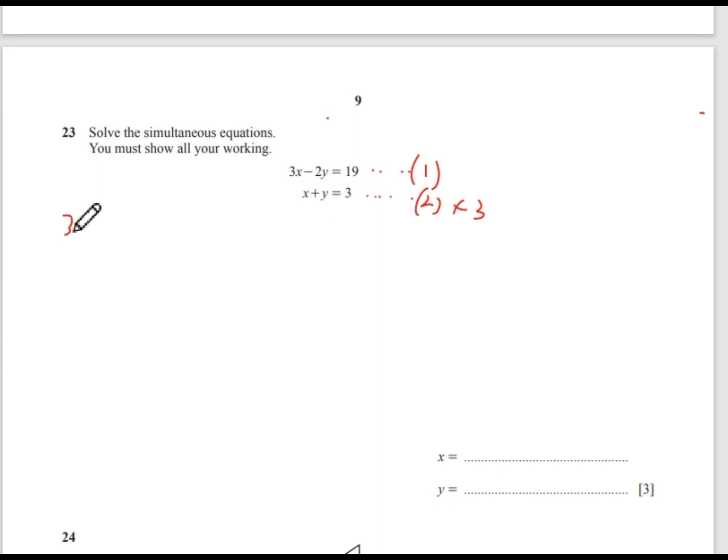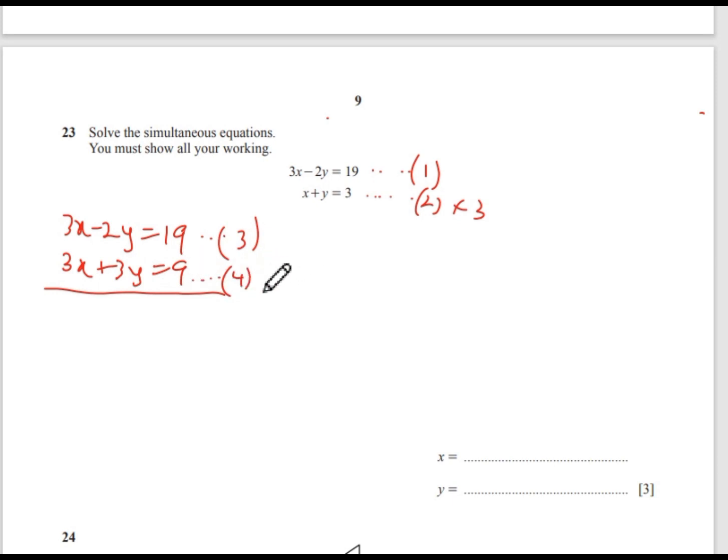So this becomes 3x plus 3y equals 9, because 3 multiplied by 3 is 9. Let's call this equation 4, and 3x minus 2y equals 19 is equation 3.